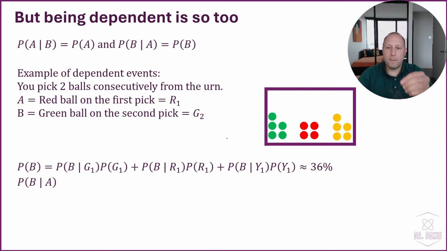On the first pick we picked out a red ball, so there are 3 red balls left and 13 balls in general, and so the probability of picking a green ball on the second pick is then 5 out of 13, and 5 out of 13 is approximately 38%. Notice P of B and P of B given A are not equal, and so they are not statistically independent.